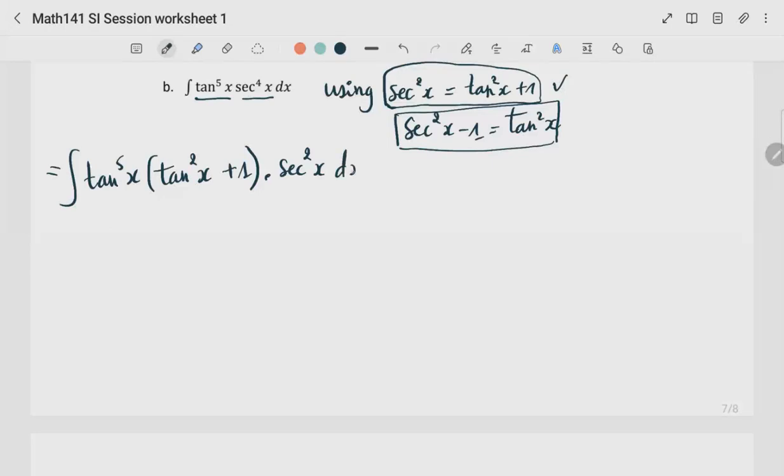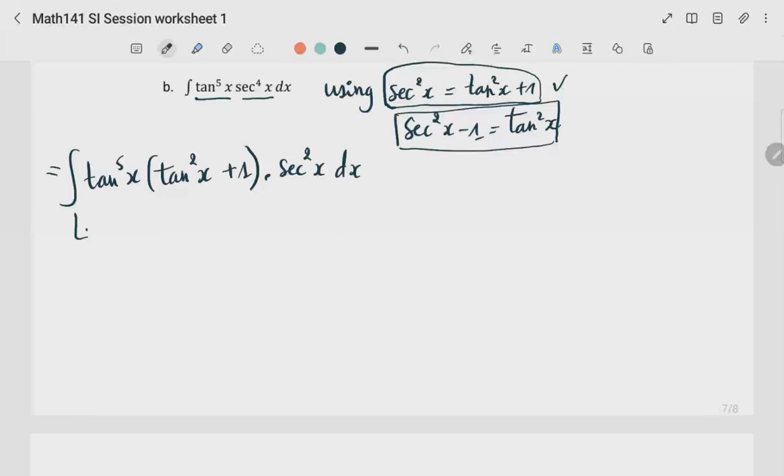Now we would expand that, but in fact we don't even need to expand it. We can leave it like that and just do our integration by parts at this stage.